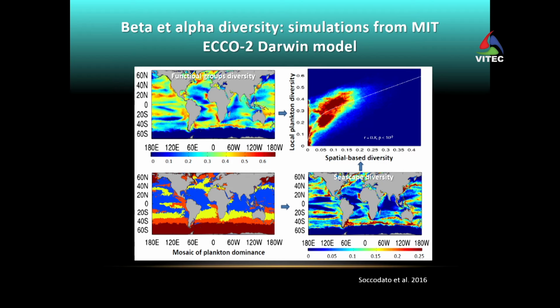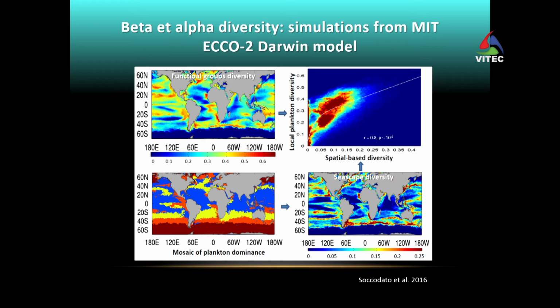What happened is that, as we can see here, I can show with the pointer. In the first map here, we can see how from the model we calculated the same, as if we had in situ sampling everywhere, so the whole local community, and these are the hotspots of biodiversity.